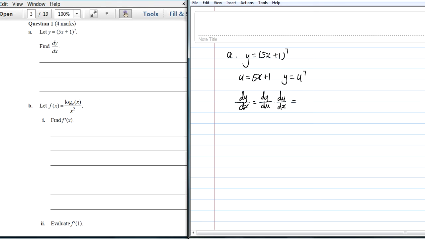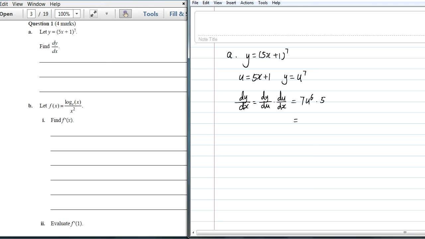So what's dy/du? Differentiating this function with respect to u, we get 7u to the power of 6, times the derivative du/dx, which is equal to 5.